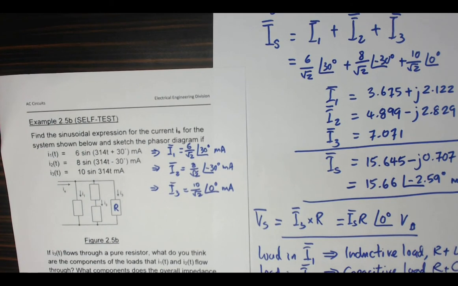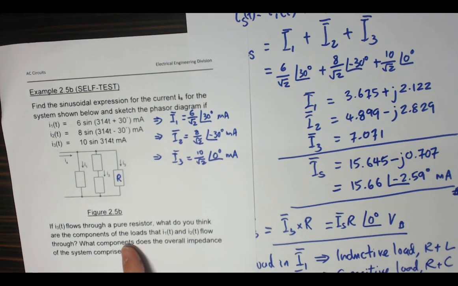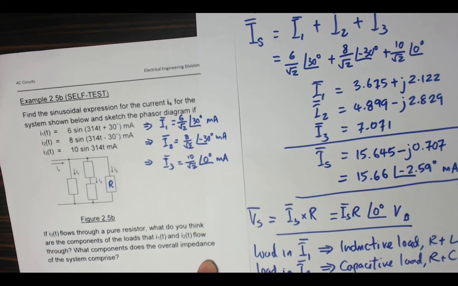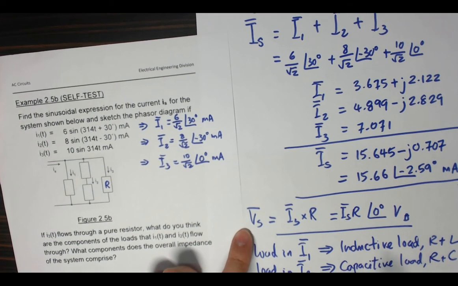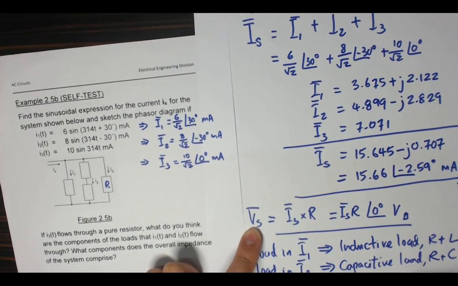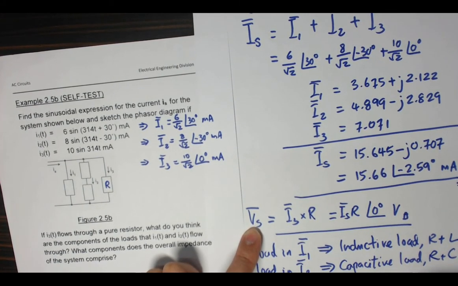Okay. Whereas for the overall impedance Z, because Vs over Is, I can conclude that the impedance must be a positive 2.59 degrees.